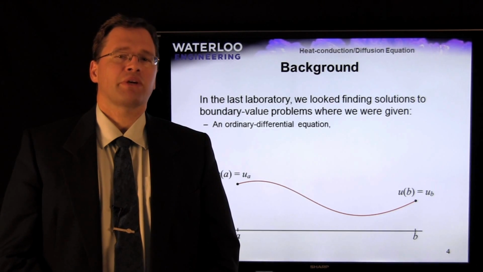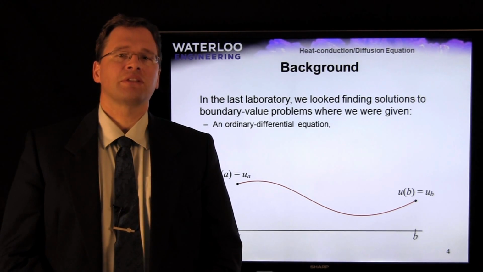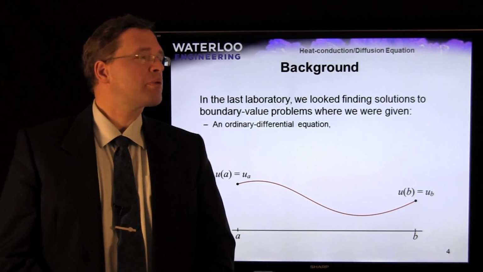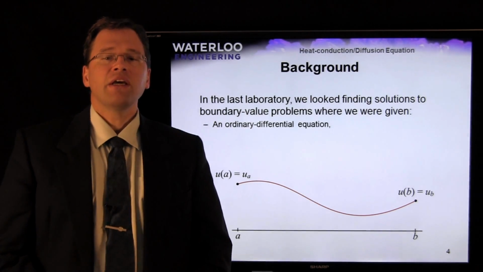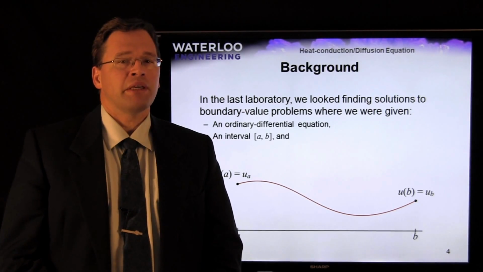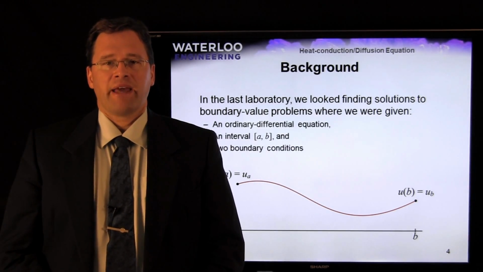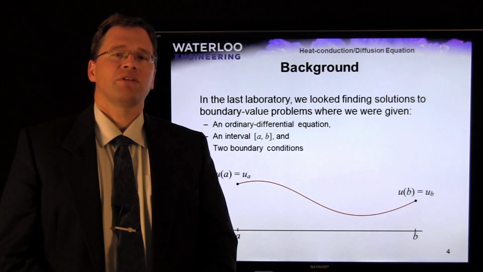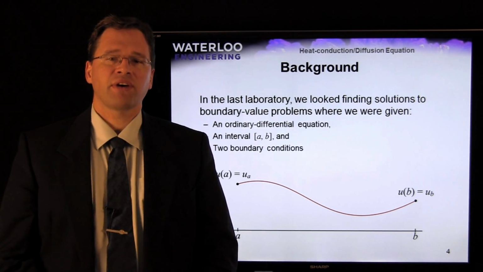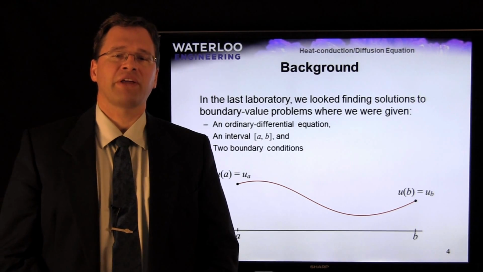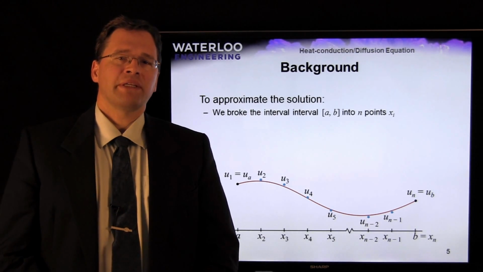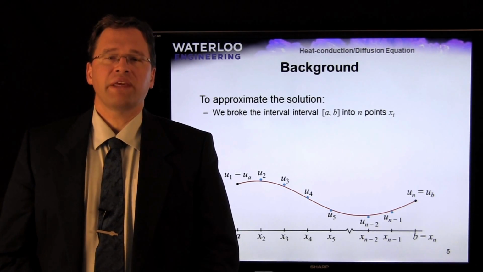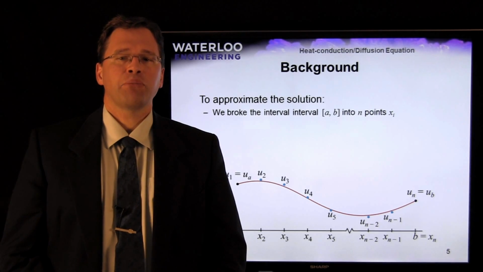Last week we were looking at approximations of solutions to boundary value problems. We were given an ordinary differential equation which was defined on an interval [a, b]. We then had two boundary values, and given this we attempted to find a solution that satisfied the ODE and both boundary values. The way we did this was that we broke the interval [a, b] into n different points.